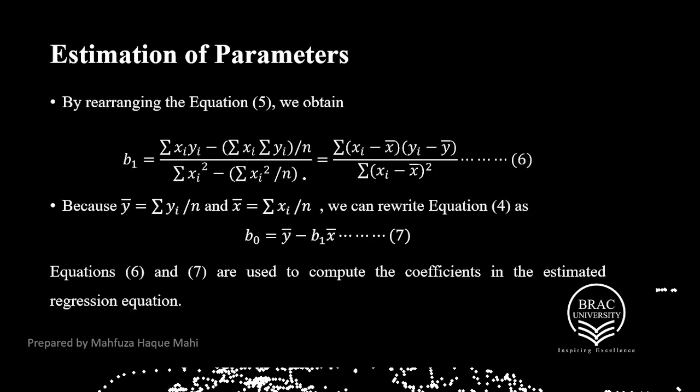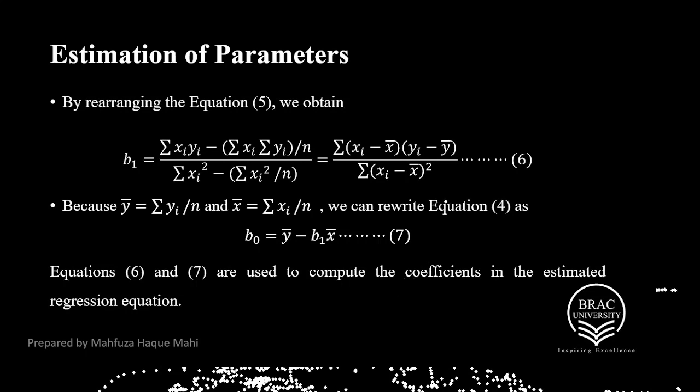By rearranging equation 5, we obtain that b1 equals summation of xi yi minus summation of xi summation of yi divided by n, divided by summation of xi square minus (summation of xi) square divided by n.